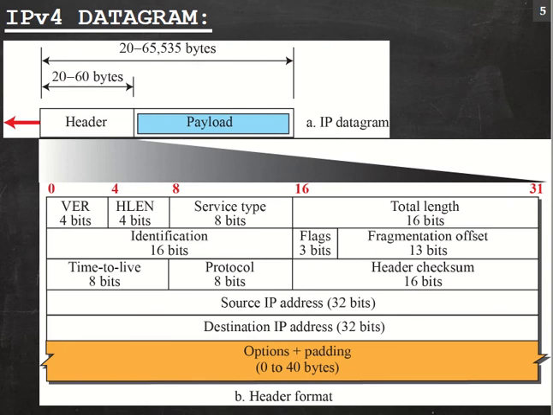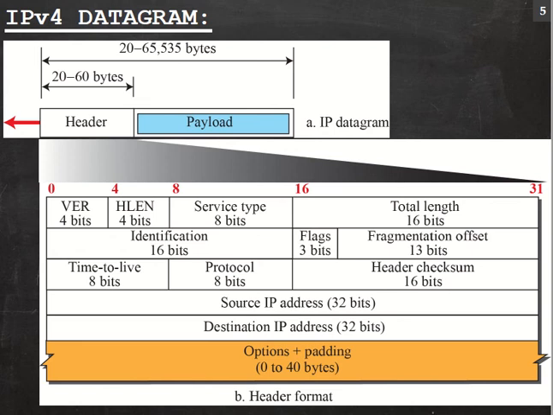So the time to live field is used for this particular purpose. In this field, the sender specifies the maximum number of routers a datagram can visit between the sender and the receiver.